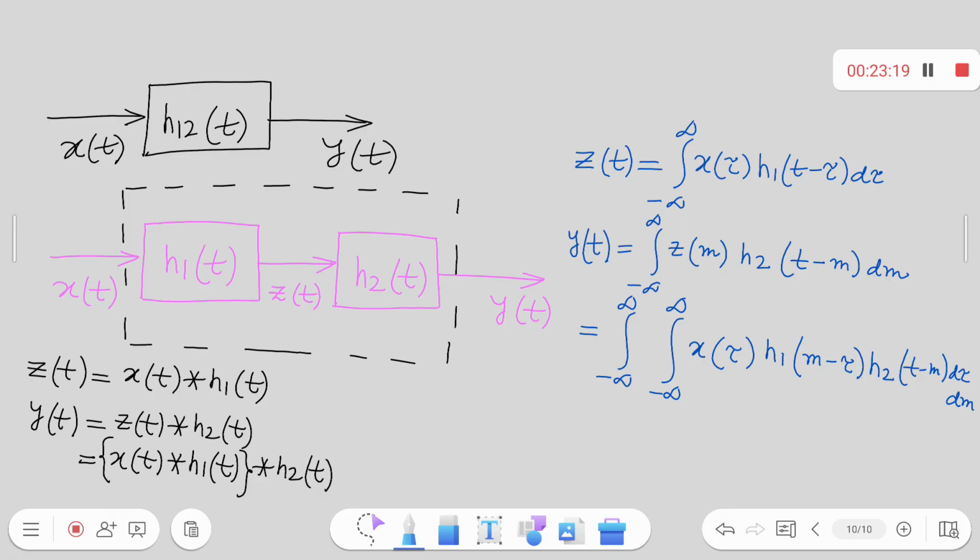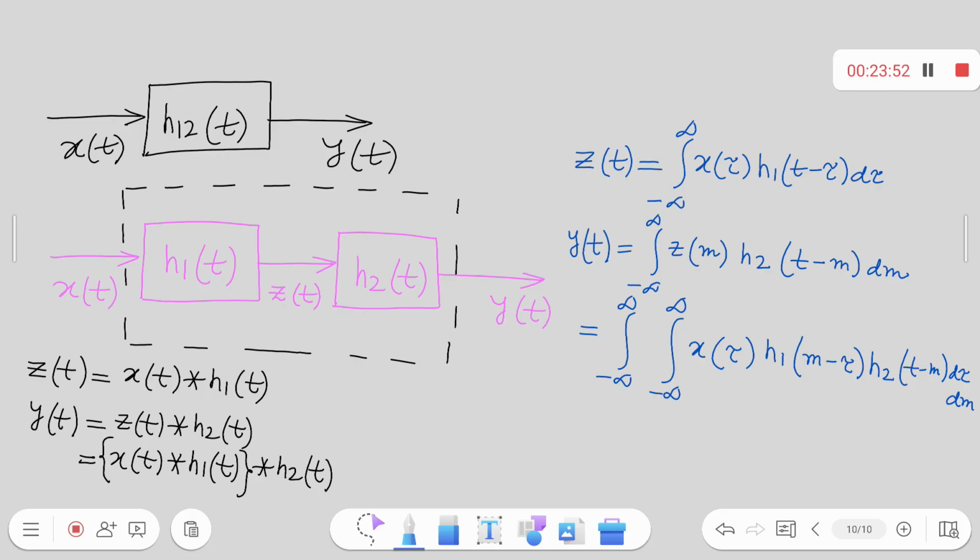y(t) is basically the convolution between z(t) and h2(t). So I can write the integration from minus to plus infinity of z(m) h2(t minus m) dm. And z(t) is the convolution between x(t) and h1(t), so the integral from minus to plus infinity of x(tau) h1(t minus tau) d tau. So what is z(m)? x(tau) h1, and in case of t you just replace this by m, so h1(m minus tau) d tau.